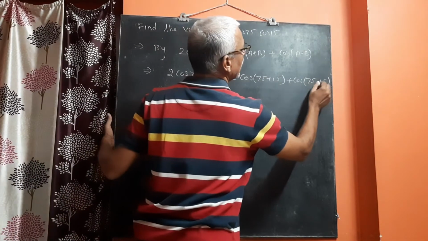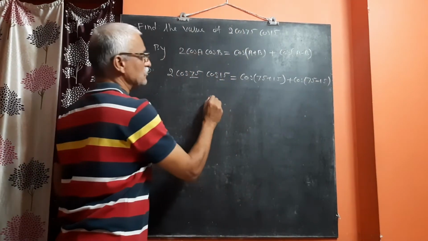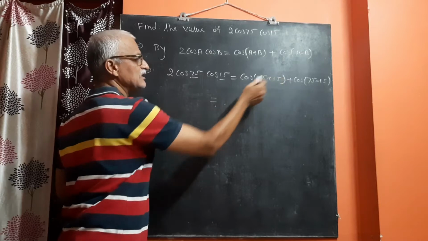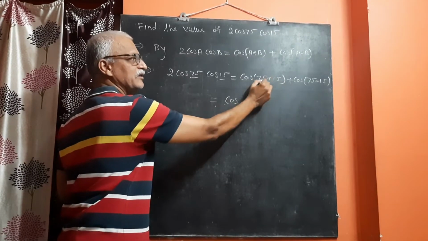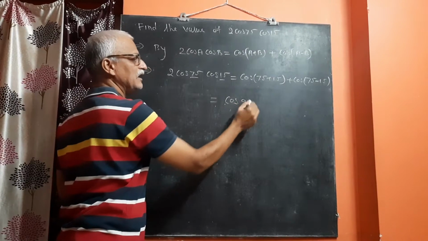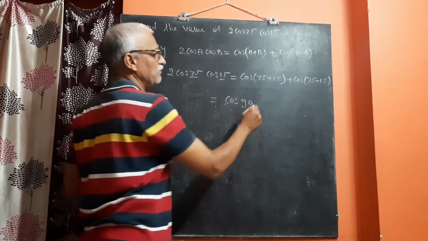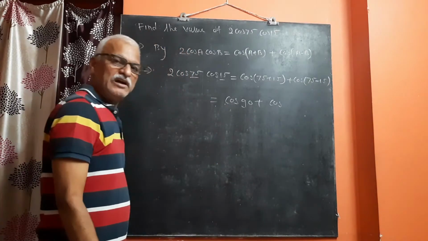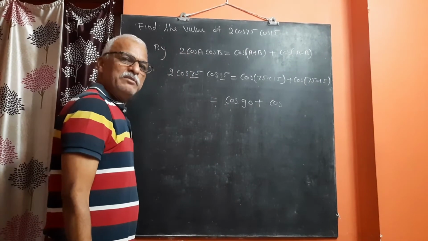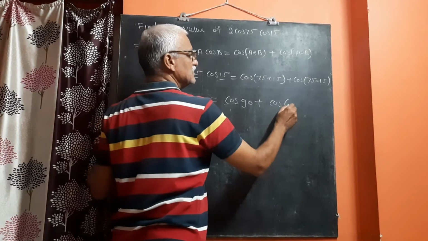So it is equal to cos of 75 plus 15, that is 90, cos 90 plus cos of 75 minus 15, how much? That is 75 minus 15, that is equal to cos 60.